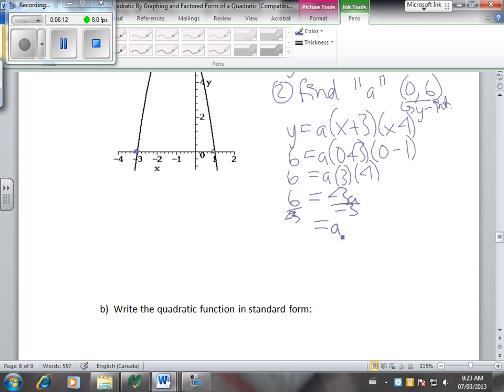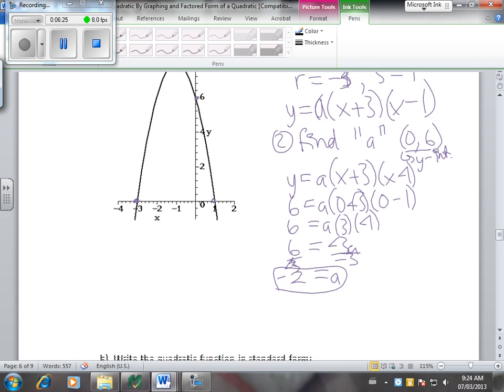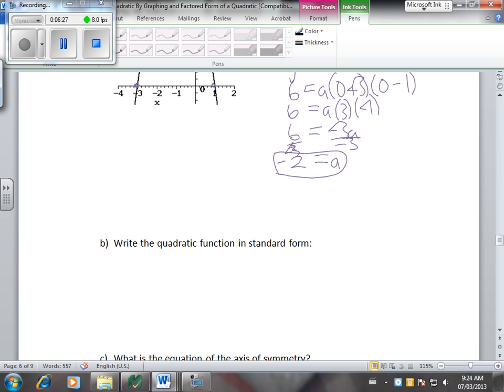And we'll get that a equals negative 2. Okay, and that makes sense because which way does our quadratic open? Our quadratic opens down, so we would be expecting a to be negative. And then, so our factored form would be y equals, now we know our a, negative 2, x plus 3, x minus 1.